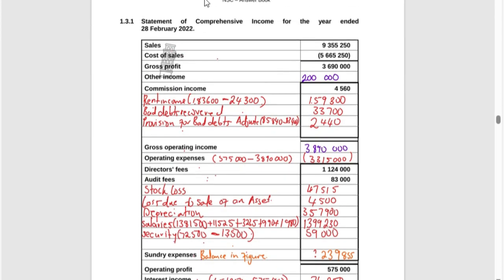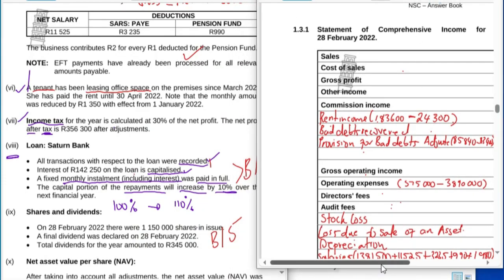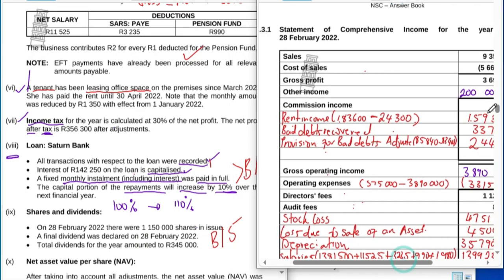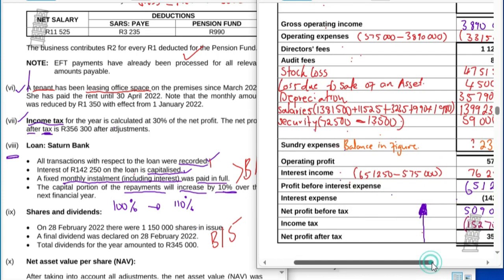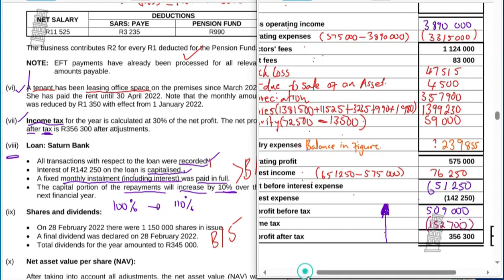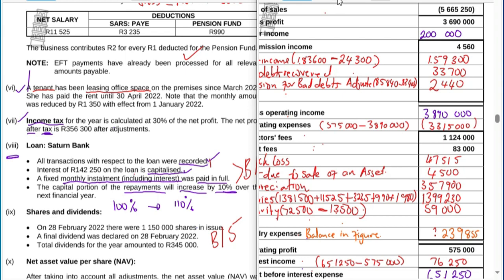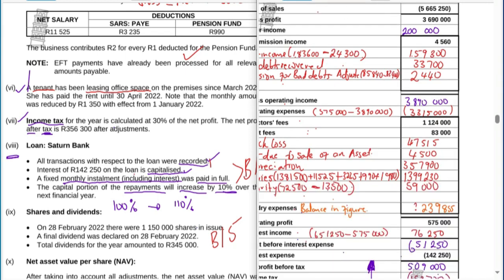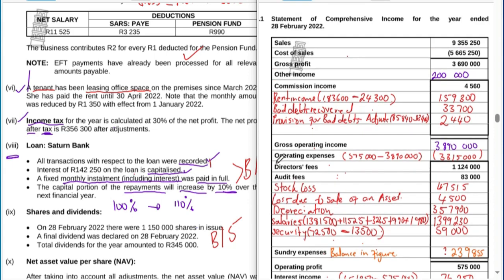If ever you did not understand, please rewind and make sure that you understand. So guys, we have completed our income statement.